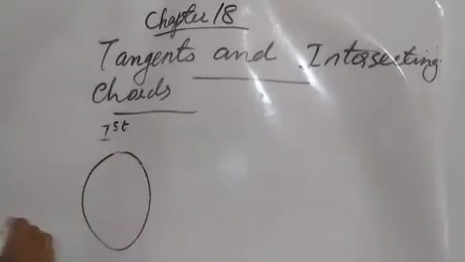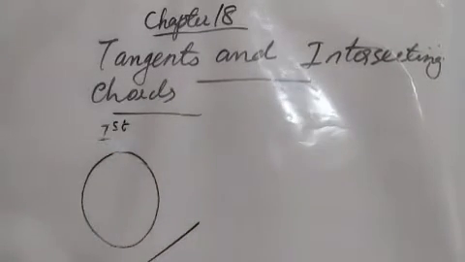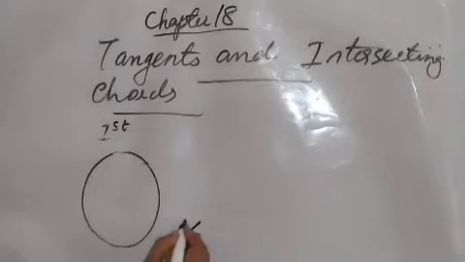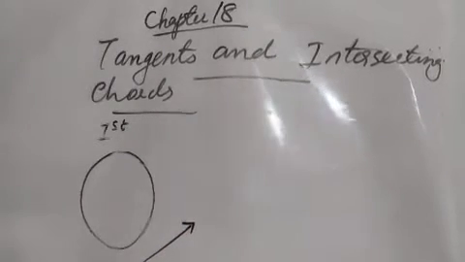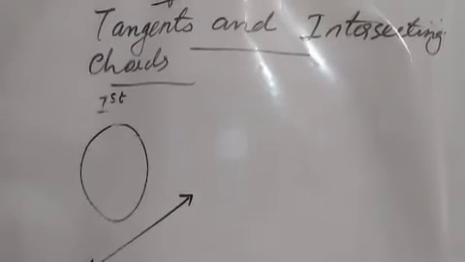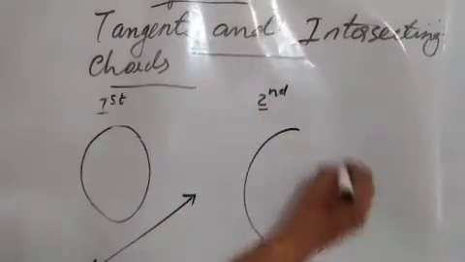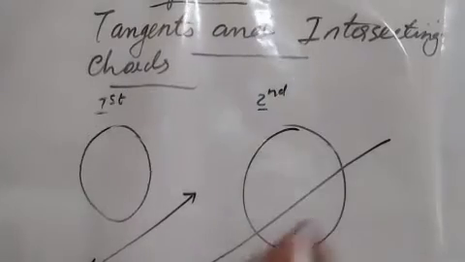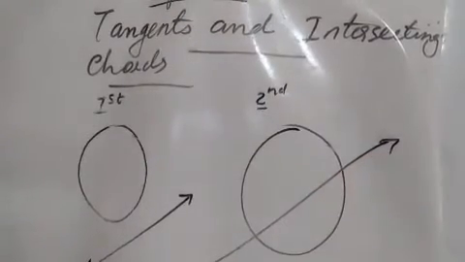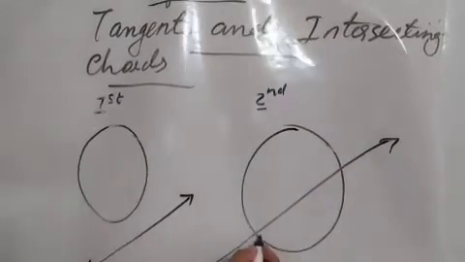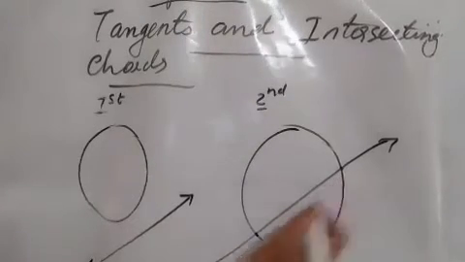a circle and a straight line. Okay, and second position, a circle and the straight line passes through the circle. It meets the circle in 2 points.